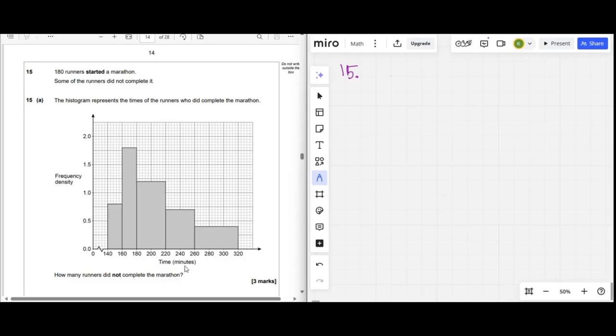Okay, to find out the number of runners for each rectangle, the number of runners is the area of that one block, so the frequency density times time.